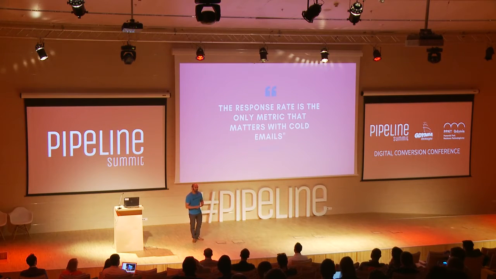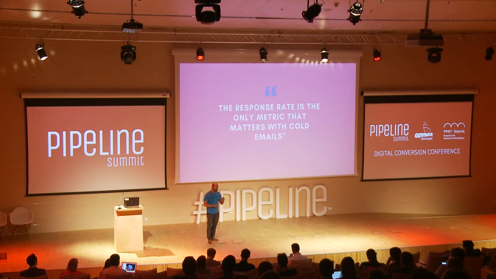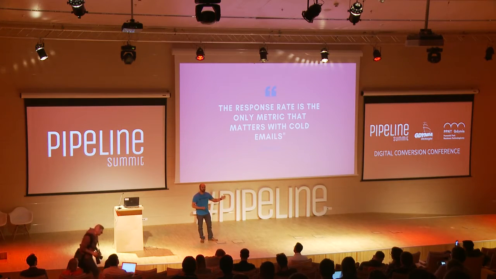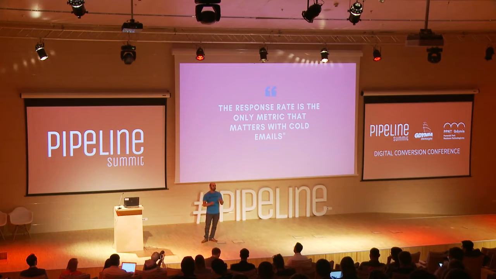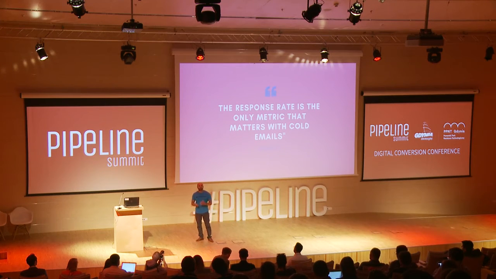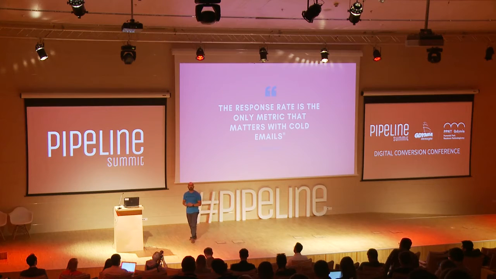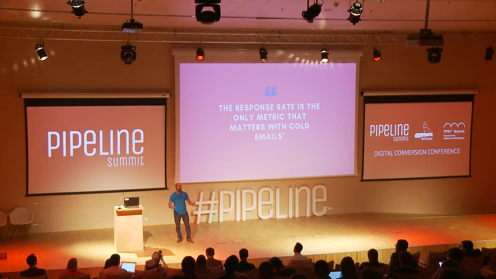My general rule of thumb when it comes to cold email, or any type of email, even email marketing, is that the biggest thing to focus on is not open rates or click-through rates, it's the response rate. Even if it's a no, even if it's not a successful engagement, the response rate is the key to knowing if your campaigns are performing profitably, they're working, and if you're not annoying people, right?